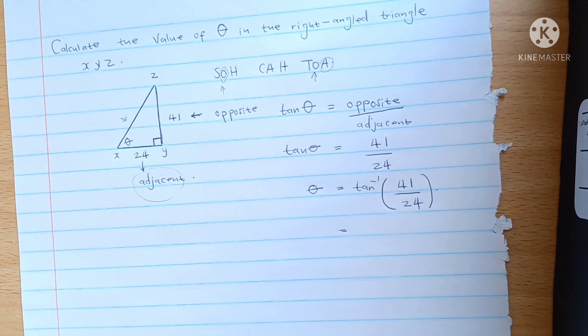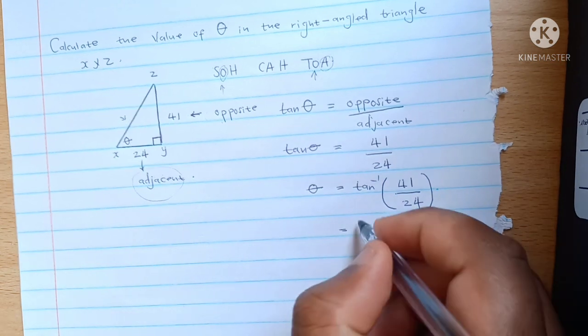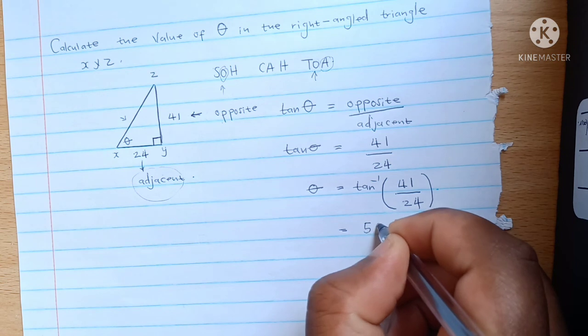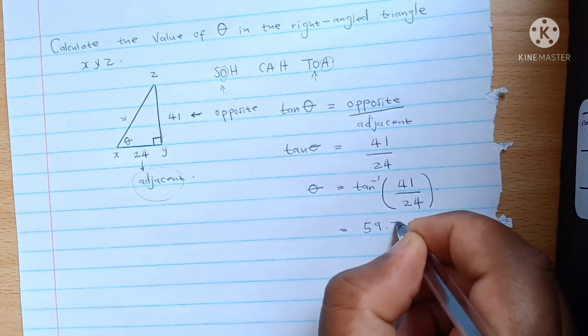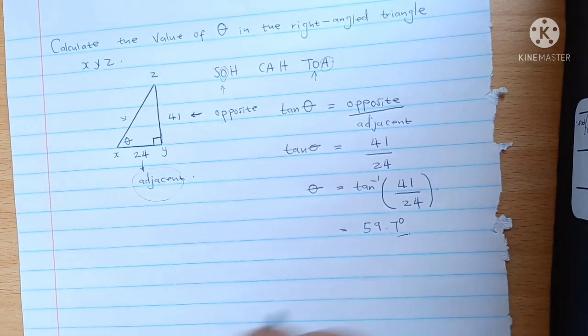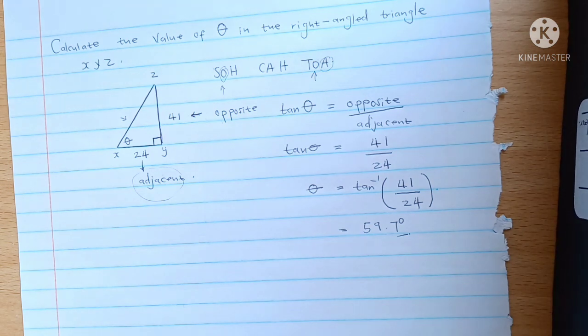Tan inverse of 41 over 24 is equals to 59 degrees.